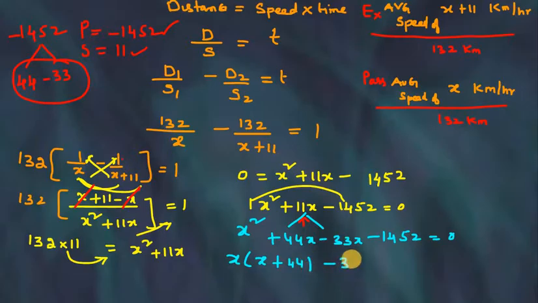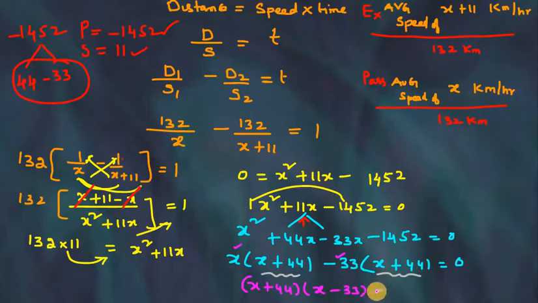If I take minus 33 common in the last two terms, left out is x plus 44 is equal to 0. So two different terms I have, differentiated with minus. I can take x plus 44 common. So what is left out: in the first term x and in the last term 33 is equal to 0.